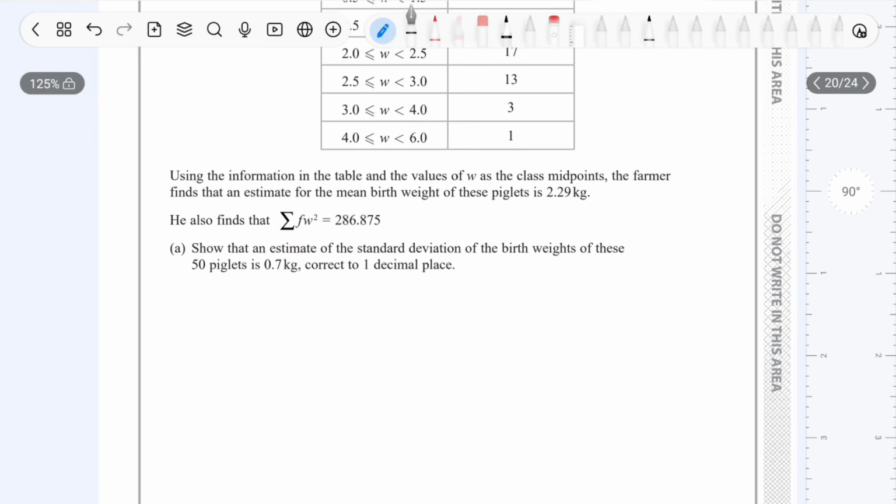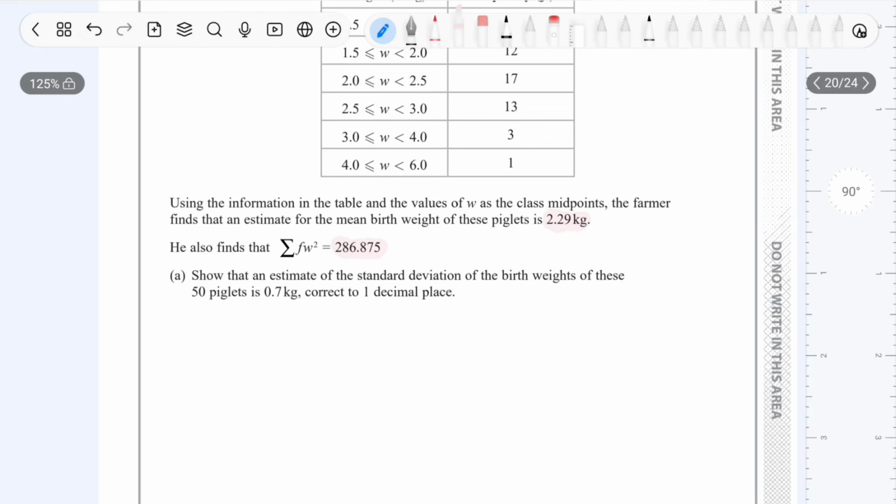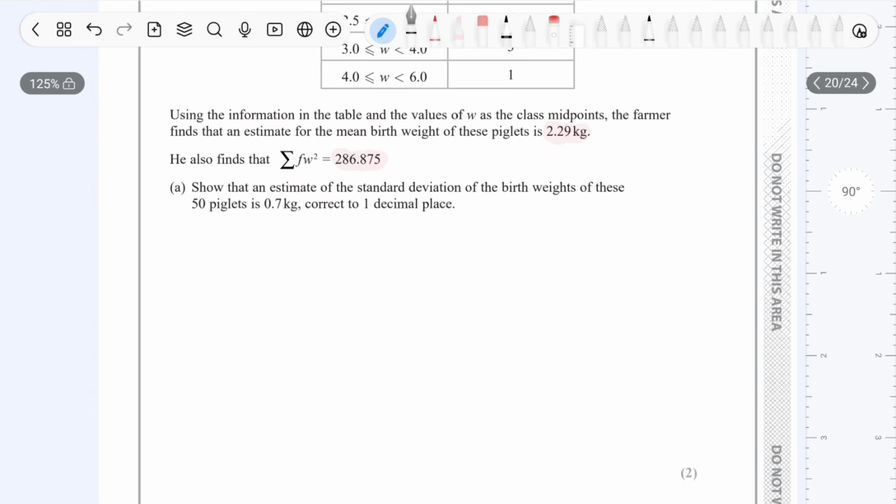Using the information in the table and the values of W as the class midpoints, the farmer finds an estimate for the mean birth weight of these piglets is 2.29 kilograms. He also finds that the sum of the frequency multiplied by the midpoints squared is equal to 286.875. Show that an estimate of the standard deviation of the birth weights of these 50 piglets is 0.7 kilograms, correct to 1 decimal place.